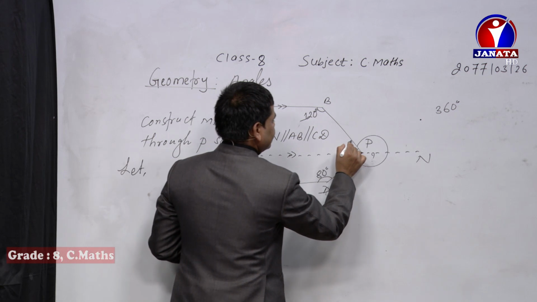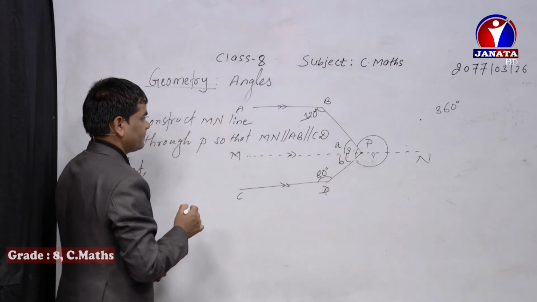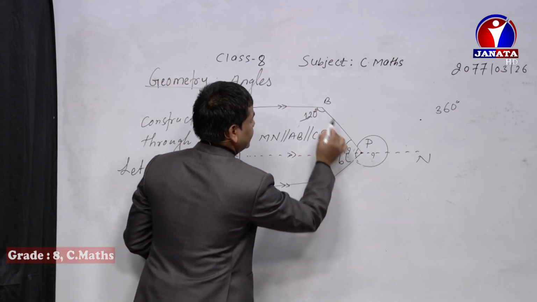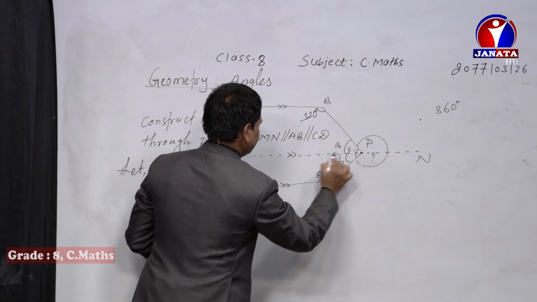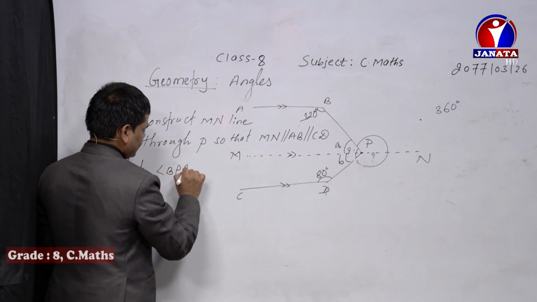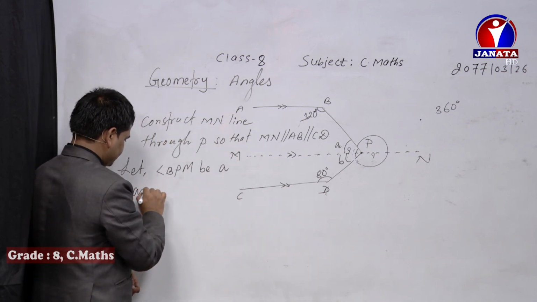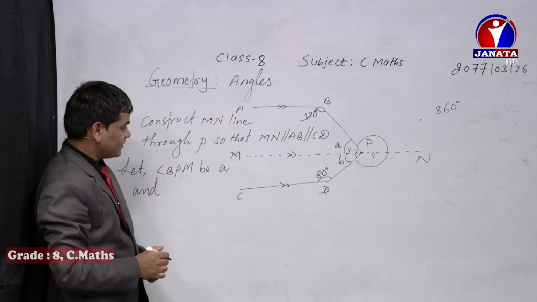suppose this one as A and this one as B. What is the name of this angle A? BPM. Let angle BPM be A, and what is the name of the other angle?